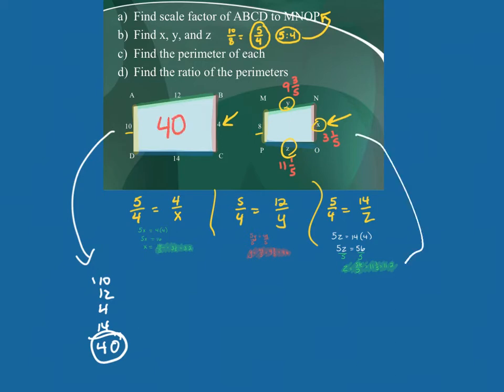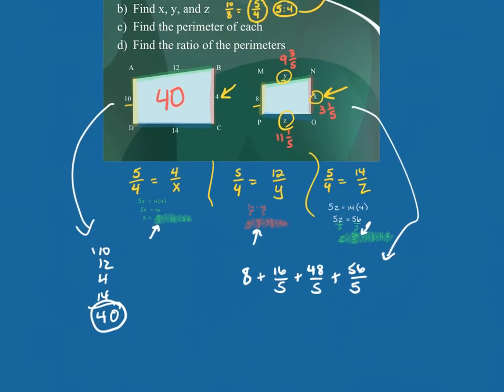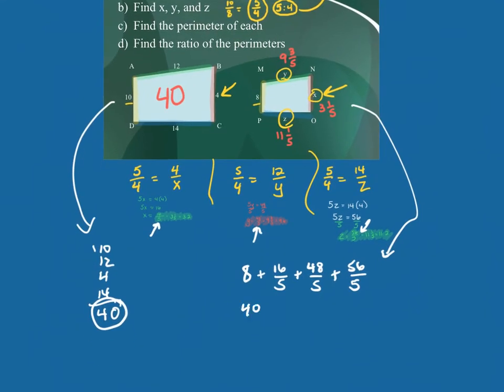And then I want to add up the sides here. So this is actually when it's easier to keep them improper. If I did 8 plus, and I go back to when it's improper, 16 over 5 plus 48 over 5 plus 56 over 5. The only one I have to change is the 8, right? Which is 40 over 5.